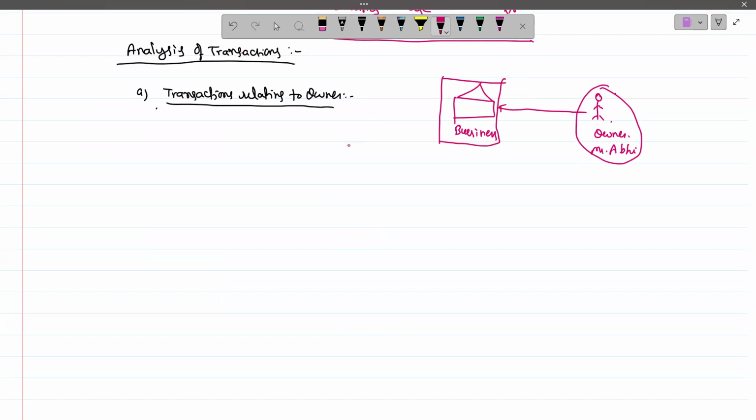So if an amount is brought by the owner into the business, we have to consider it just like an amount borrowed from an outsider. That concept is called what? The business entity concept.